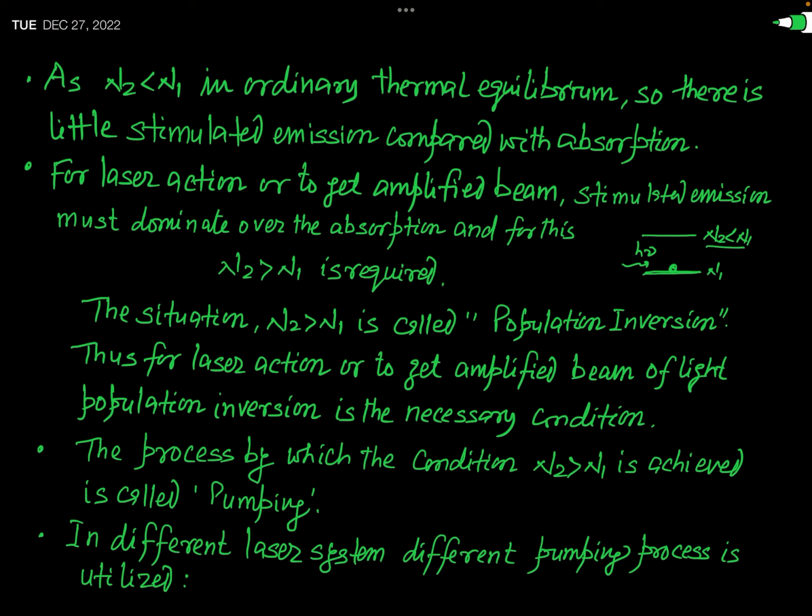So if your aim is to promote the stimulated emission, so that it dominates over the stimulated absorption, we must achieve a condition that N2 should be greater than N1.